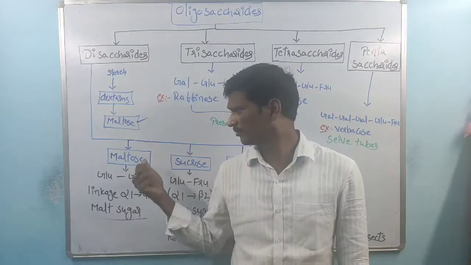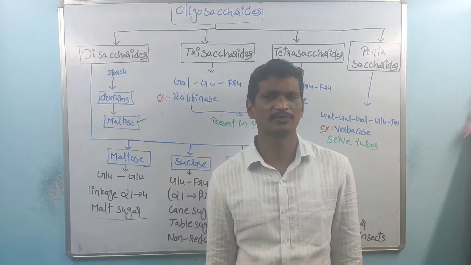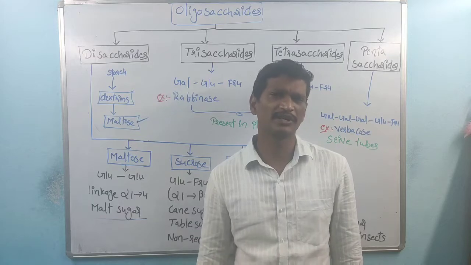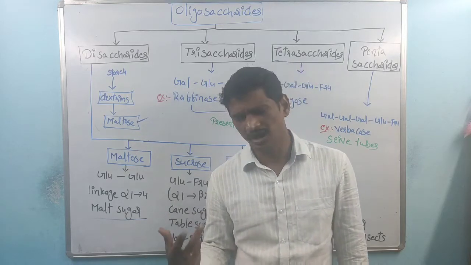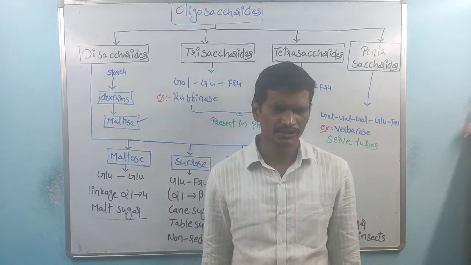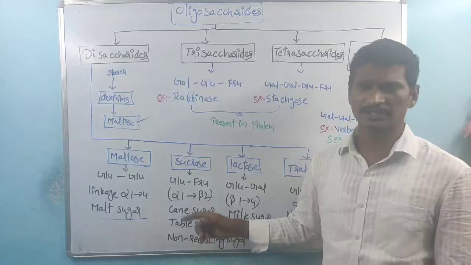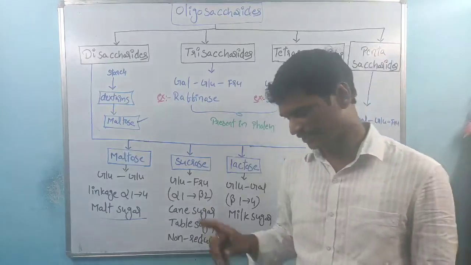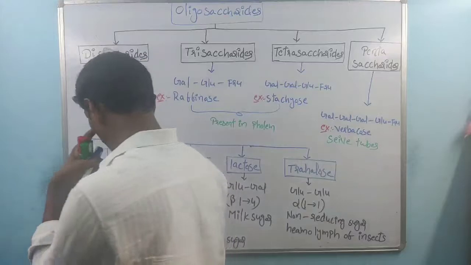Malt is nothing but maltose. Then that maltose is subjected to the fermentation process. This is one of the raw materials for the preparation of beers, alcohol, wines and different kinds of products. So the malt sugar is nothing but maltose, and the linkage is alpha 1,4 linkage.